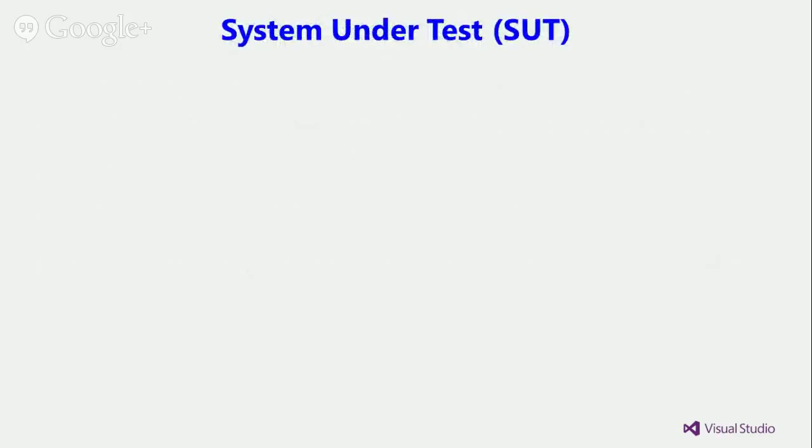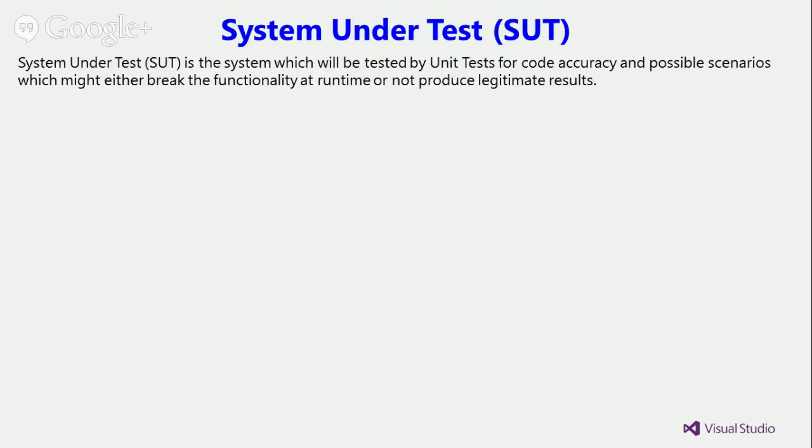Now, in TDD or in any test environment, you have to understand the concept of SUT. Sometimes people pronounce it as SUT, and it stands for System Under Test. System under test means what exactly you are going to test by writing unit tests for code accuracy, and you are going to cover the possible scenarios which might break the functionality at runtime, or which may not produce legitimate results or may throw some exceptions or runtime errors.